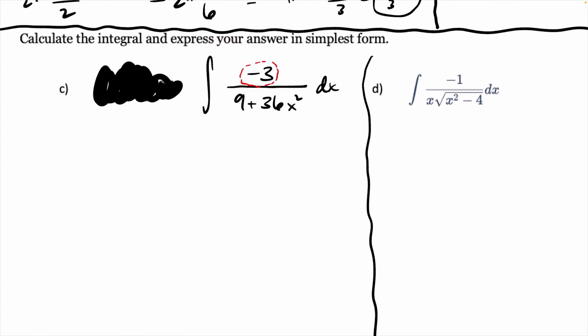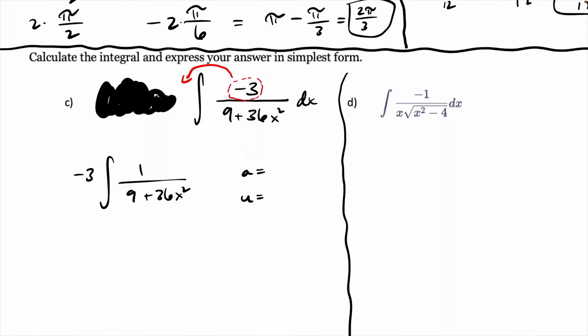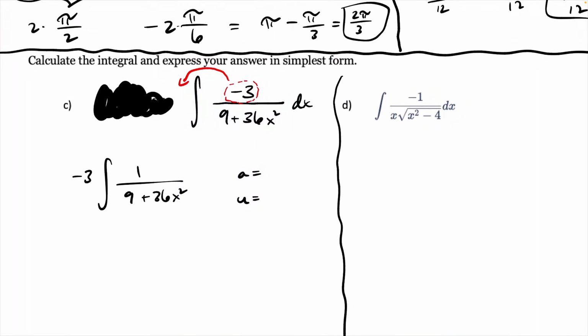So this guy, we're going to move to the front, -3 over 9 plus 36x squared. Okay, so what is A and what is U going to be? So this one's going to be arctangent again, right? Because it doesn't have a square root.